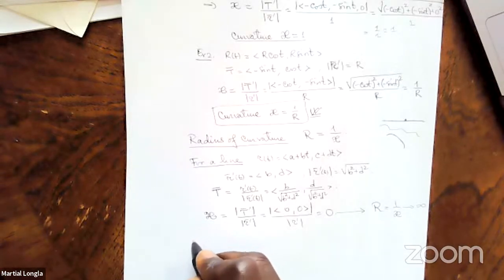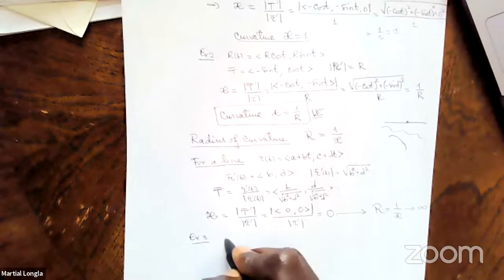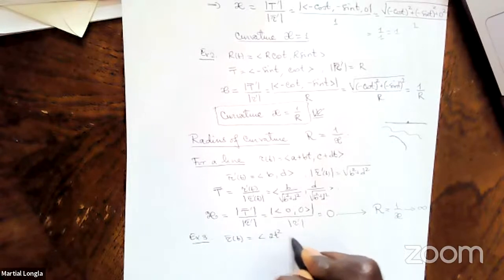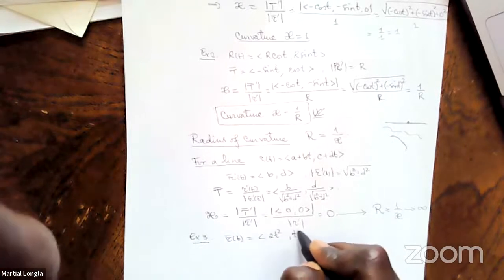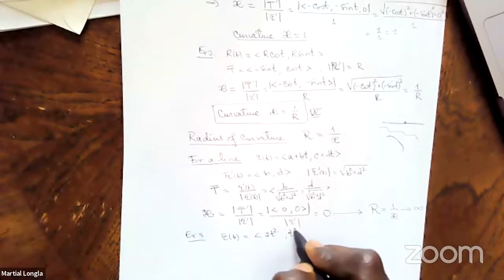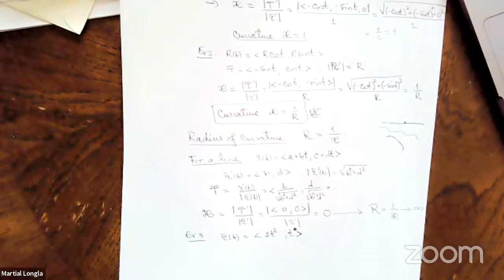Let's see another example. Let's say we have r of t equals (2t squared, t cubed). No, man. Let's say just t, because if we go further, we might be in trouble with derivatives.